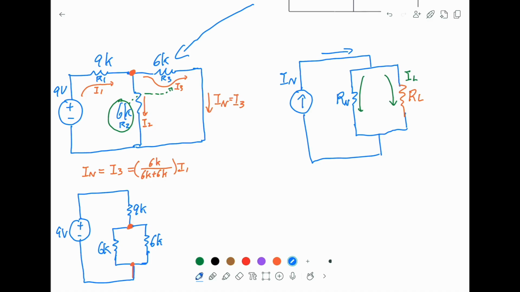Okay, so identify the point at which they split, this is always important. This is A, this is B.